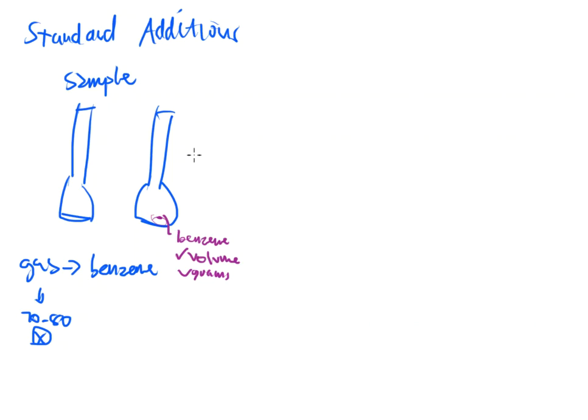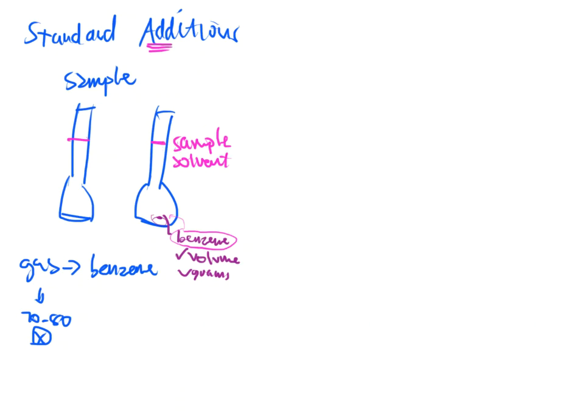And then I'll use my sample as the solvent. So what has happened is that I've taken the sample that's provided to the laboratory, I have added, standard addition, a little bit of what I'm looking for into the volumetric flask, and I've used the sample as the diluent all the way up to the flask.